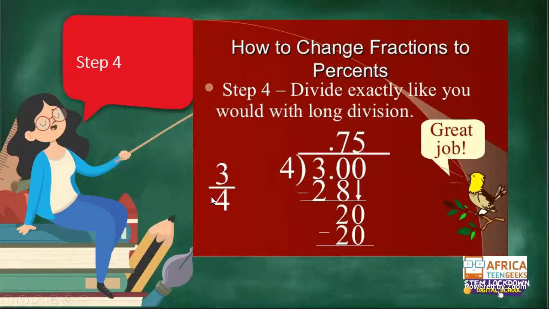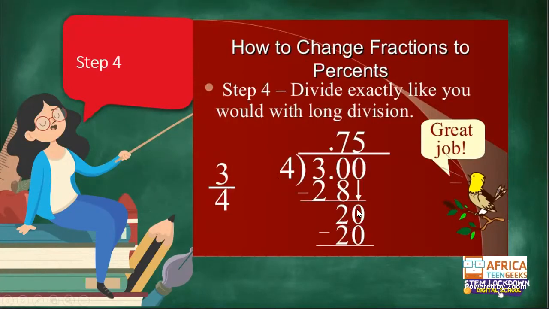All right, so we had 3 over 4 and we used the long method. We said, okay, 4 divided into 3, that doesn't work. Let's put a decimal point and add 2 zeros. 4 goes into 30 how many times? 7 times, and 7 times 4 is 28. We subtract 28 from 30 and the answer is 2.